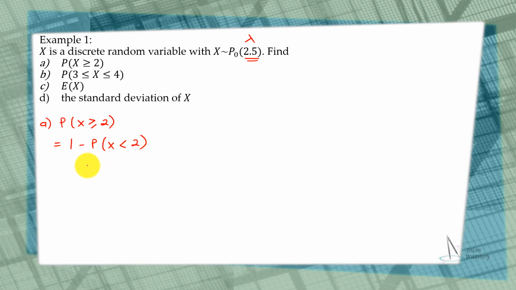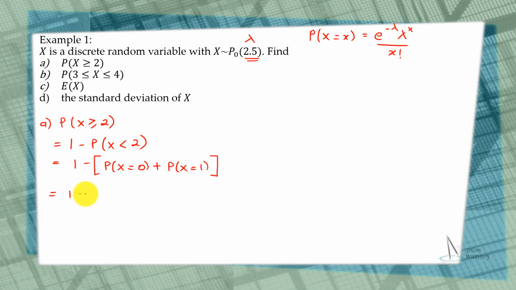That is why I choose x less than 2. So x less than 2 simply means probability of x equal to 0 plus probability of x equal to 1. And then we're going to use the formula for them. So probability of x equal to x is e to the power of negative lambda, lambda to the power of x over x factorial.